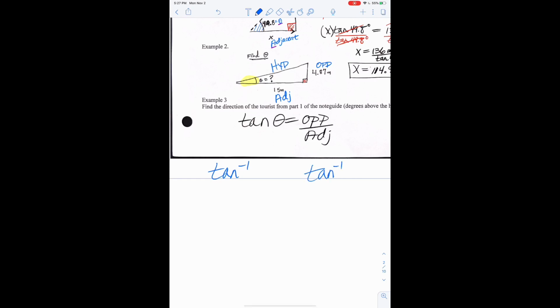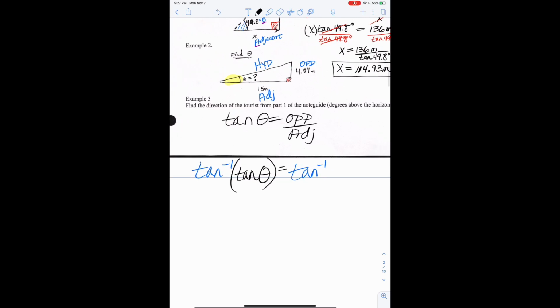Let me write this. We're taking tan inverse of tan theta, and that's going to equal the tan inverse of opposite over adjacent. By doing that, like I said, tan inverse eats tan and they're gone.